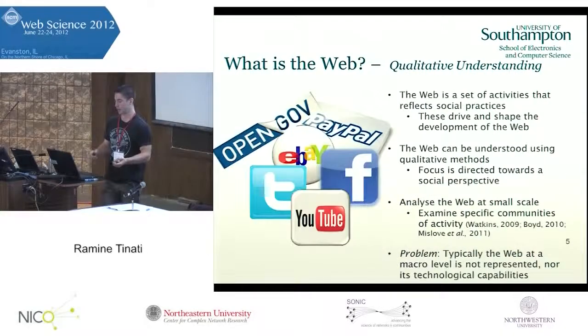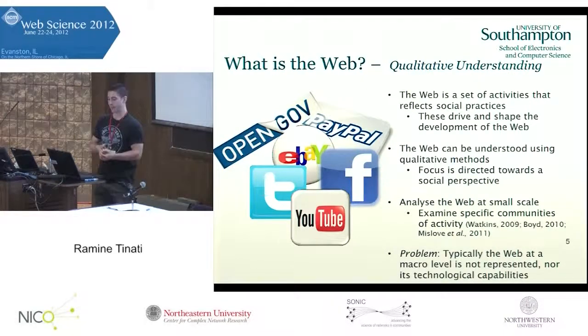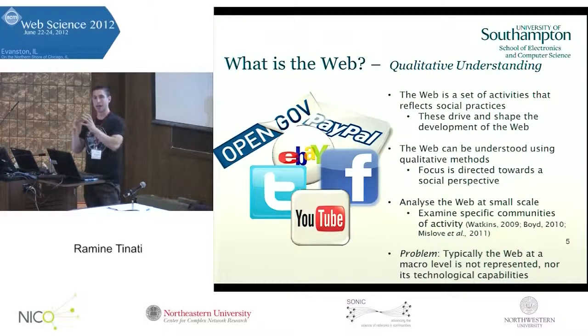Then you can do the alternative approach, which is looking at the qualitative understanding of the web. We can say that the web is a set of web practices that reflect society, and we can look at these practices on a small scale, understanding how specific communities work. We can do interviews and surveys, and we can get an underlying understanding of what's going on on the web at this smaller scale.